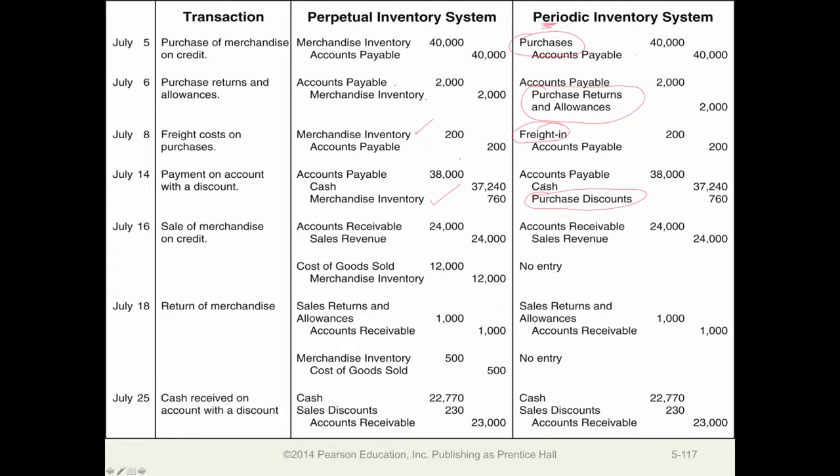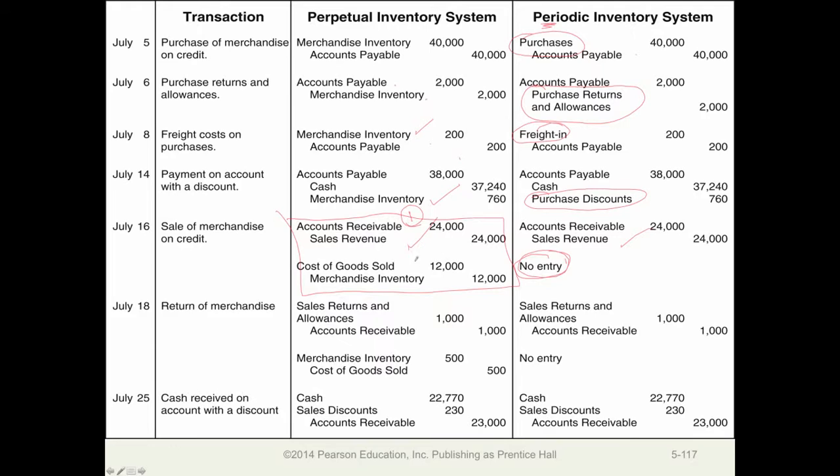Now, there are also some differences in the sales area. So, of course, when you sell the merchandise, it's identical. That's unaffected. Except that we do not record the cost of goods sold under a periodic system after each sale. So, when you have a perpetual system, there are two entries to record the sale.